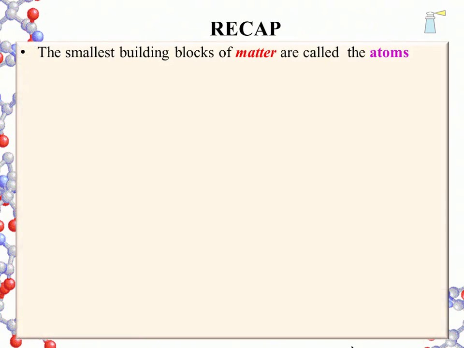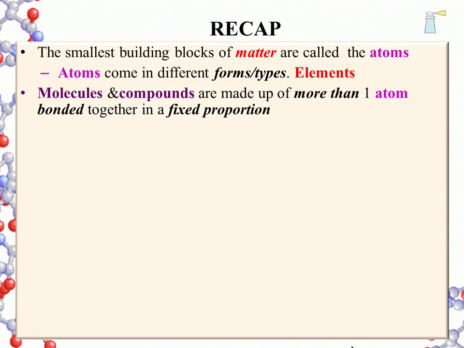Let's recap what we've covered. The smallest building block of matter are called atoms. Atoms come in different forms or types. The forms are called elements. Molecules and compounds are made up of more than one atom bonded together in a fixed proportion.